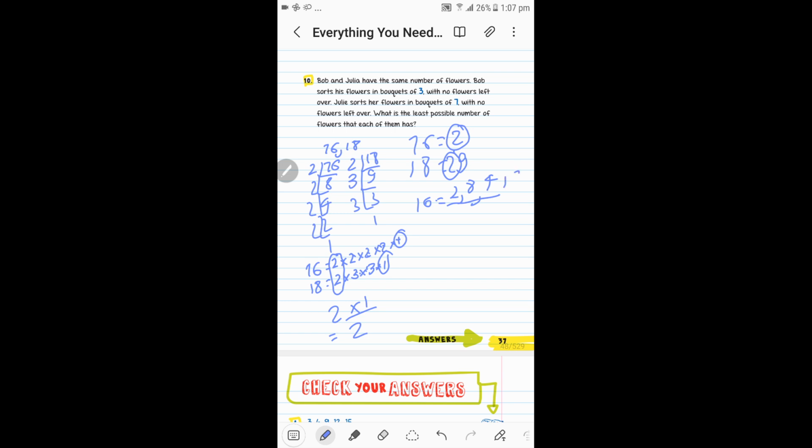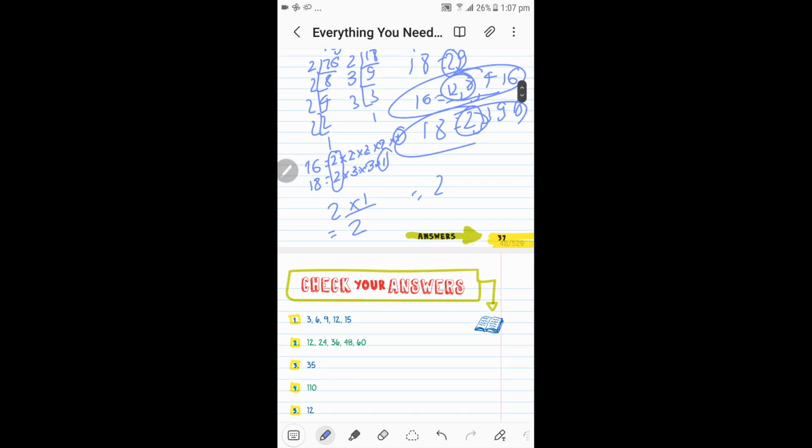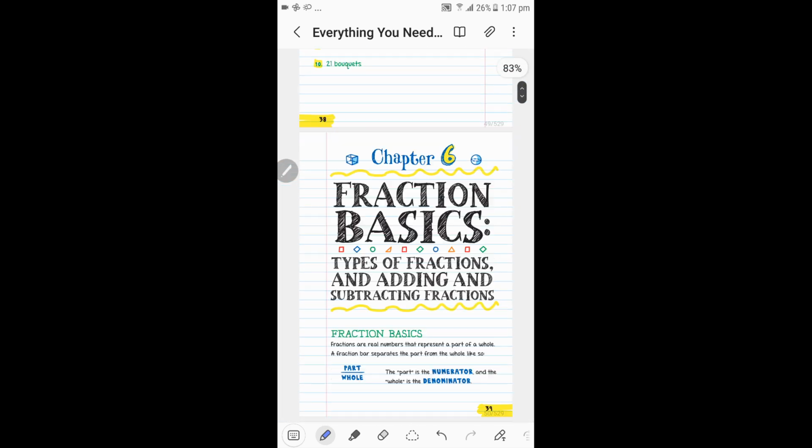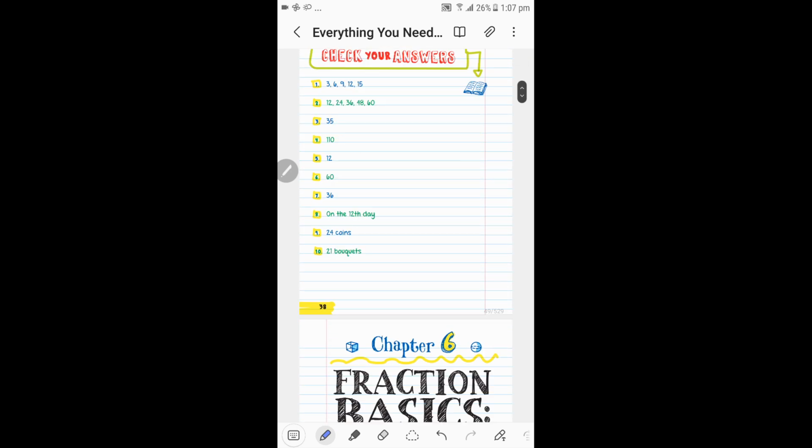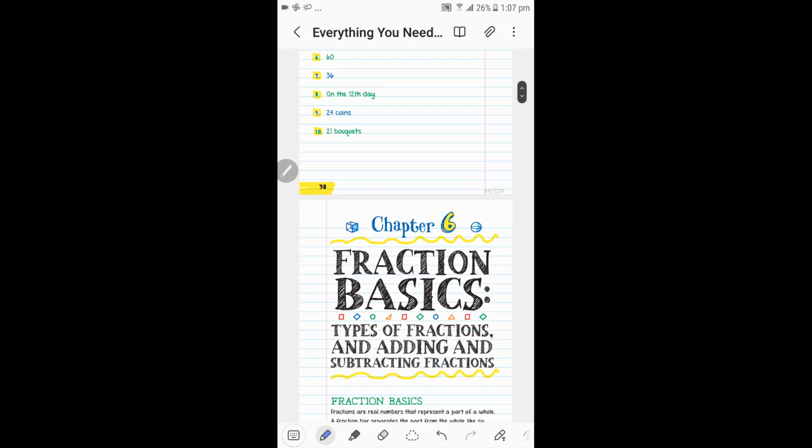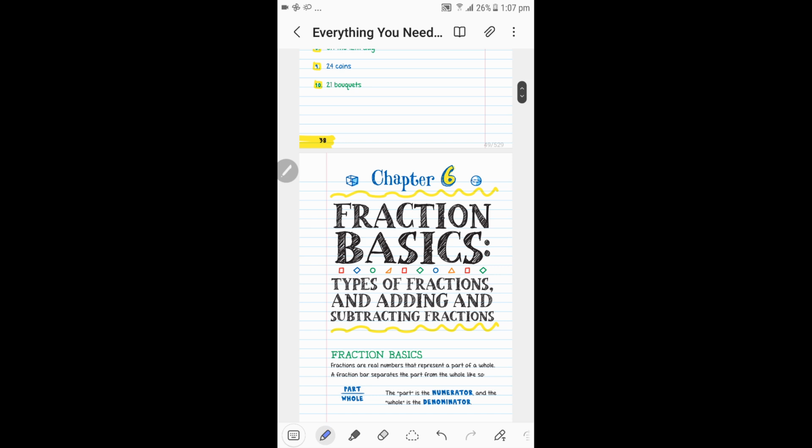Can any other number give us this? No. For 18 it is similar: 2, 3, 9 and 18. So these are the factors of them. Among these, 2 is the highest common one, so 2 is the answer. If it was 3, 3 would be the highest, but as there is only 2, 2 is the highest between 16 and 18. This is your HCF and LCM.